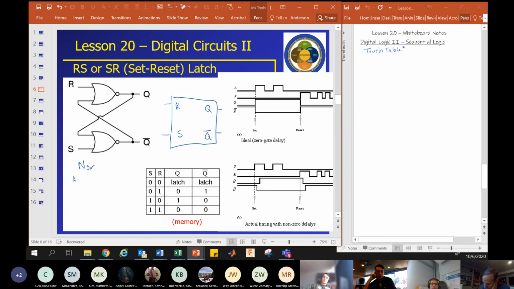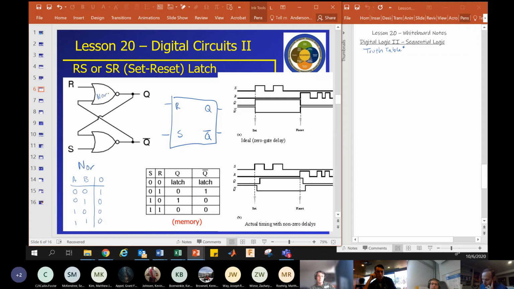You have some inputs A and B, and then you have an output O. So 0, 0, 0, 1, 1, 0, 1, 1. An OR gate would mean anytime you have a high input, the output is high. So then we just invert that. So for a NOR, its output is this.